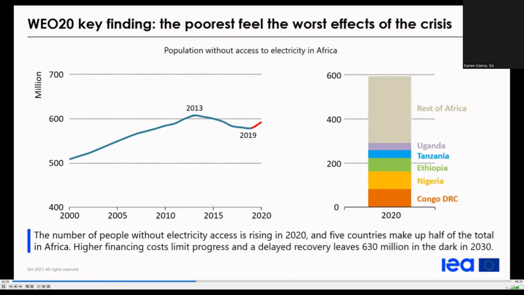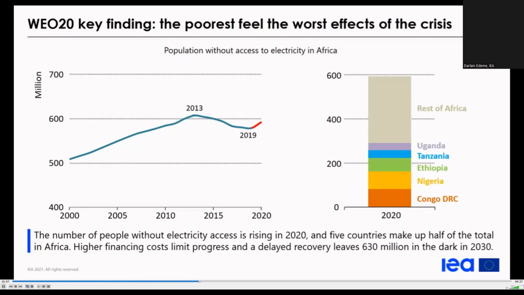An additional point is that, according to our analysis, there are people who were connected to the grid or were able to benefit from electricity access, but due to the economic consequences of the pandemic, might lose the ability to afford those services.